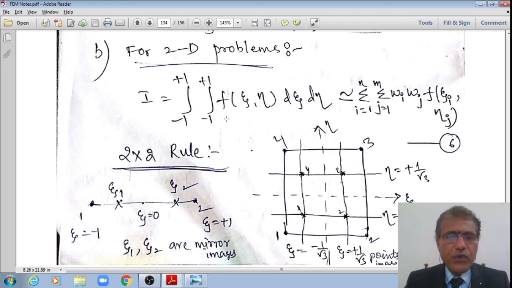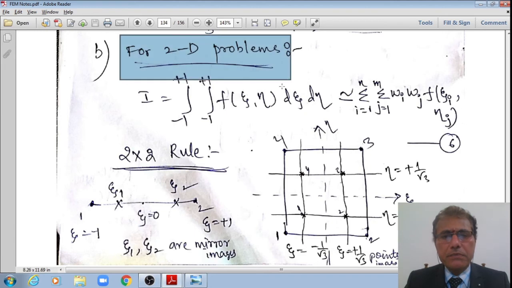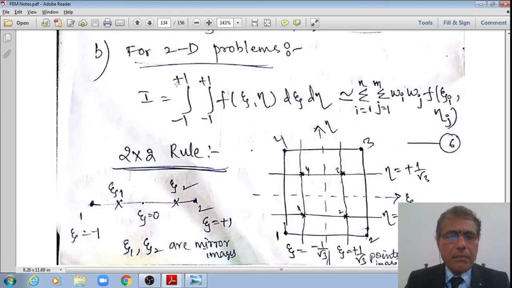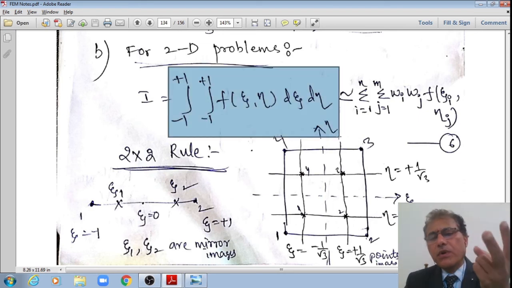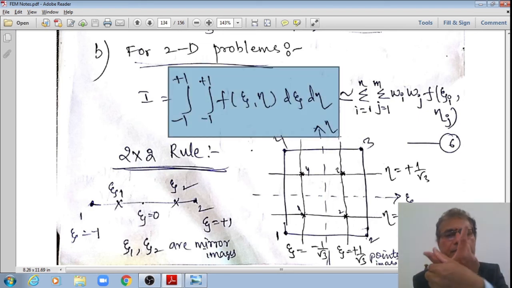Now if you understood that, students, let us apply this Gauss quadrature numerical integration concept to 2D problems, right? That is how the integral minus 1 to plus 1, minus 1 to plus 1 of f of xi eta d xi d eta, in 2D problems, therefore xi eta, two are there.